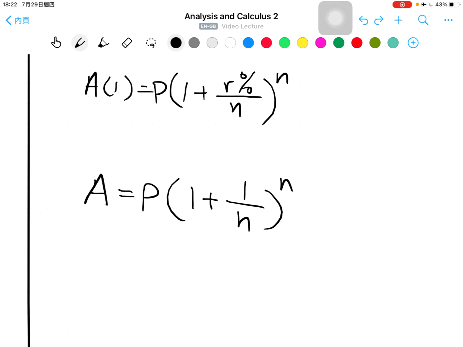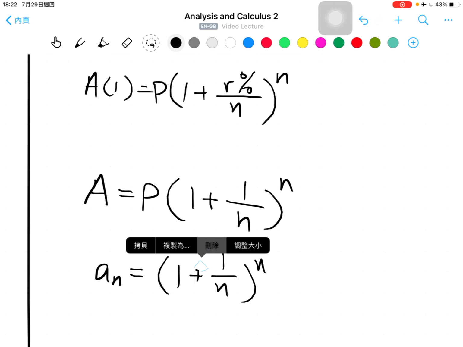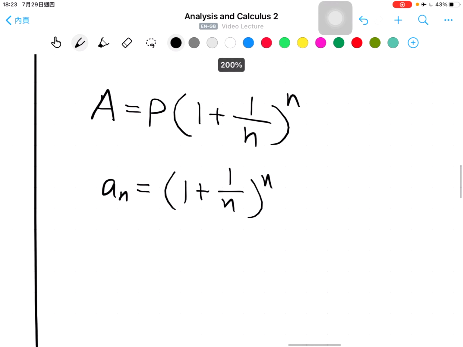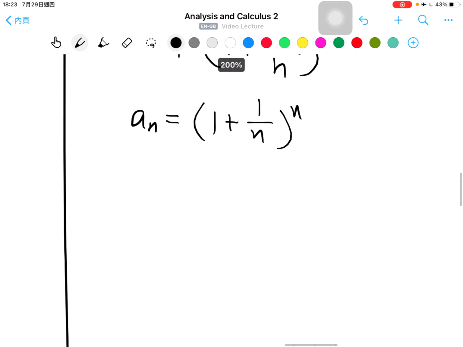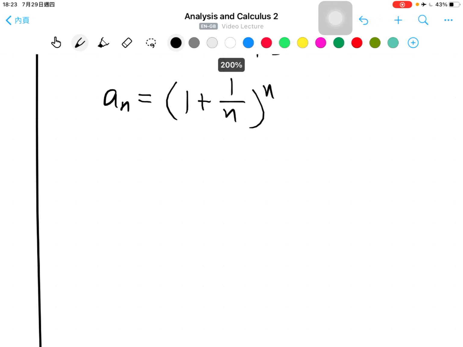So move P over, and we get a sequence a_n equals 1 plus 1 over n, to the nth power. Now we have the sequence, and we are to prove that this is monotonically increasing. What does monotonically increasing mean?